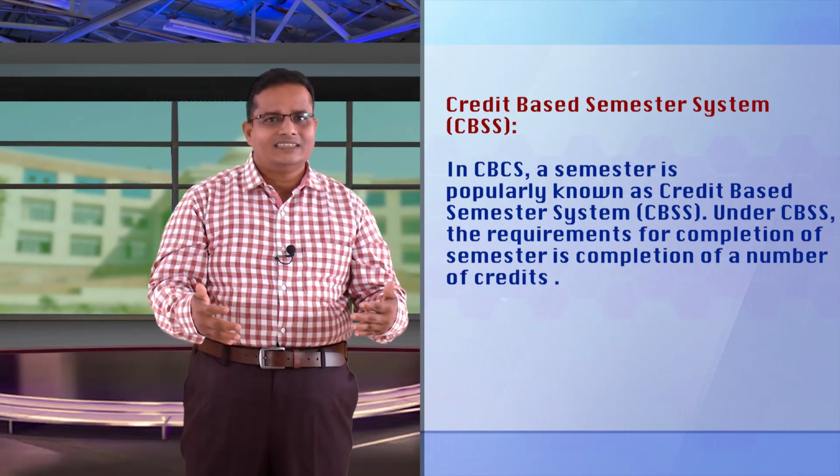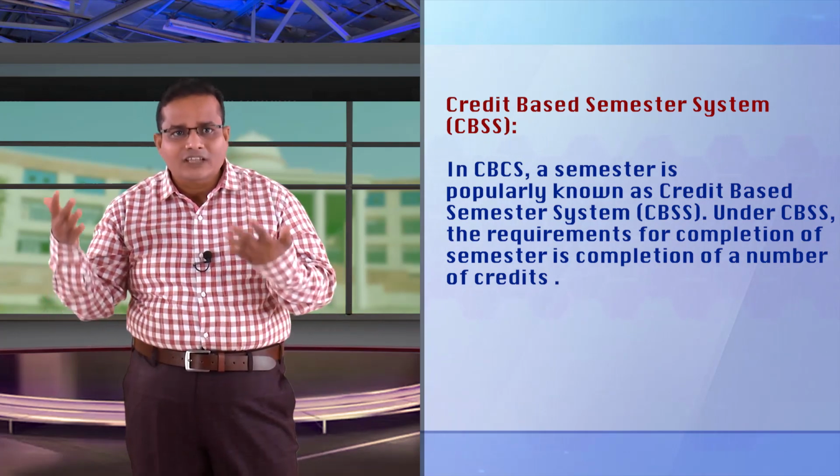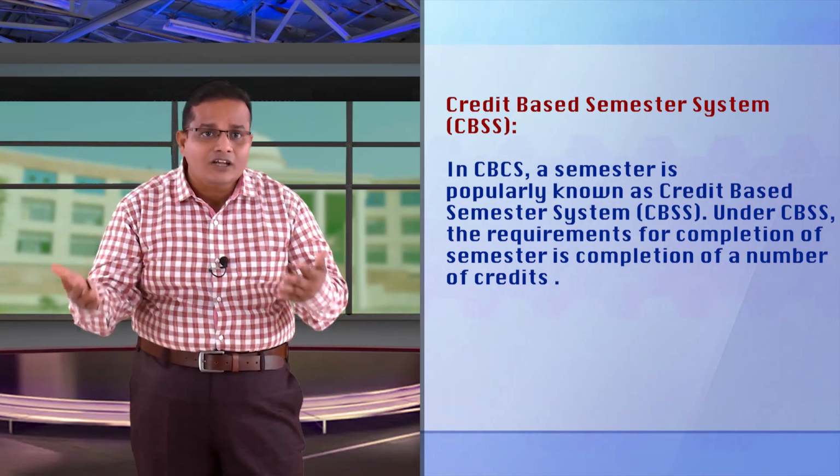Under CBCS, the requirement for completion of a semester is completion of a number of credits. Terms like letter grade, grade point and credit point are used as indicators for evaluating the performance of a learner under CBCS.